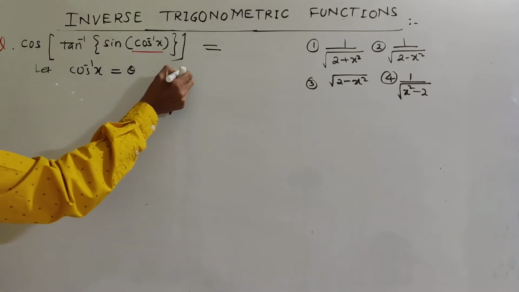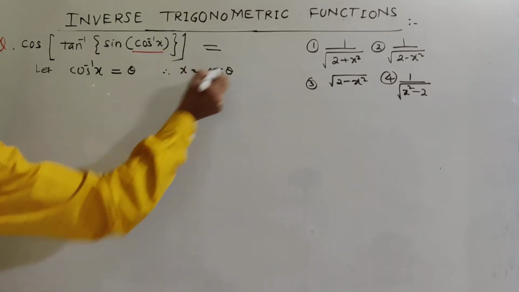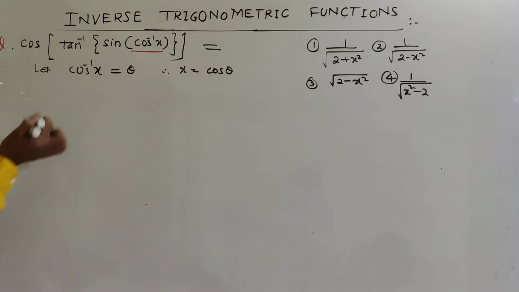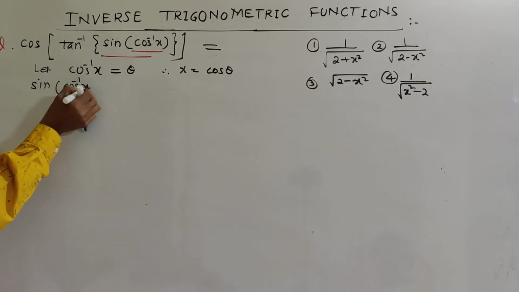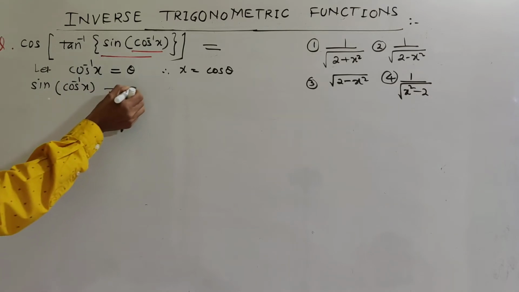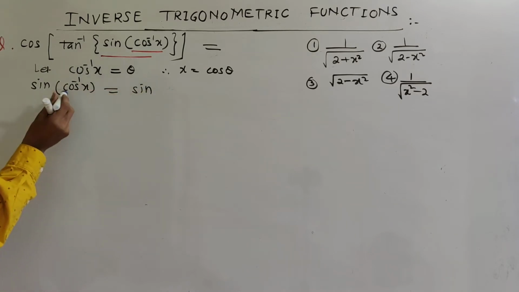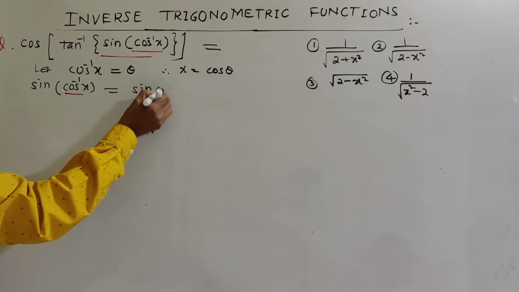Therefore x will be equal to cos of theta. Now consider sine of cos inverse of x. Cos inverse x is theta, so it becomes sine theta.